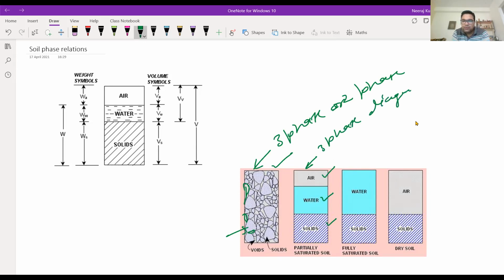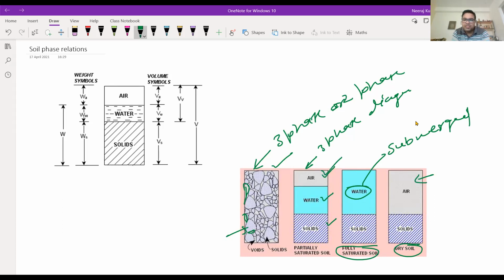Now, if all the voids are filled with water, then that kind of soil is basically submerged soil, like the soil under water. That kind of soil is known as fully saturated soil. And if all the voids are filled with air, then we call the soil dry soil.